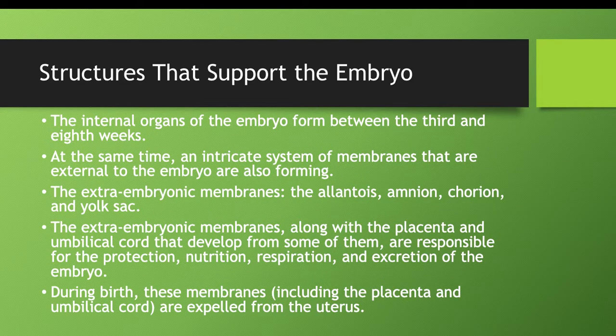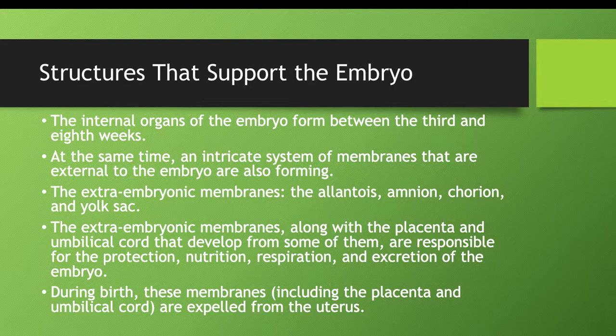The internal organs of the embryo from between the 3rd and 8th week are formed during these weeks. At this time, an intricate system of membranes that are external to the embryo are also forming. The extra embryonic membranes are called the allantois, the amnion, the chorion, and the yolk sac.